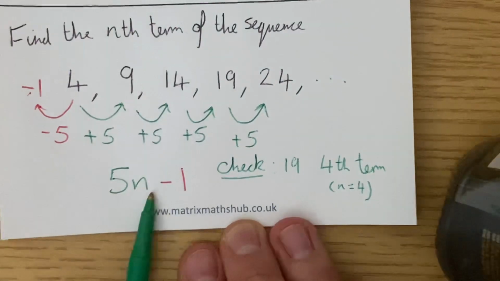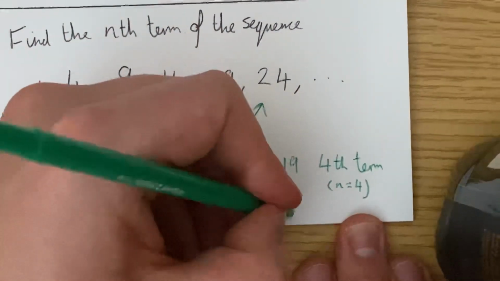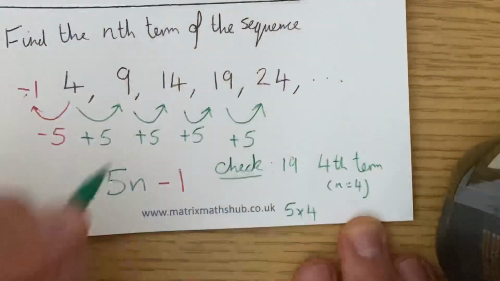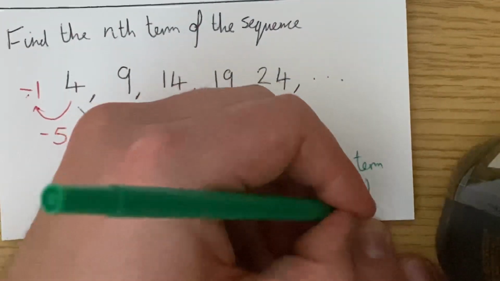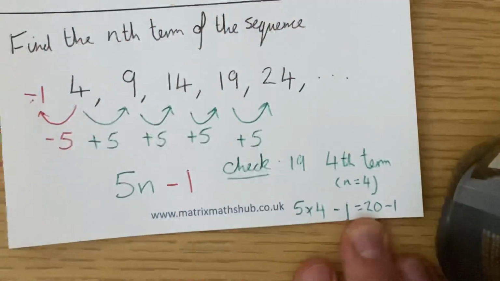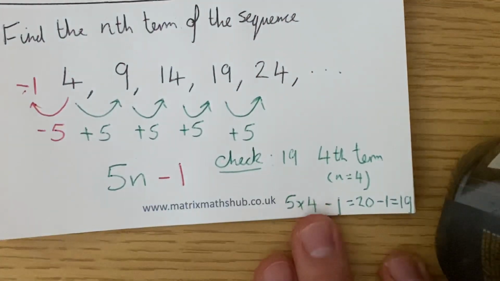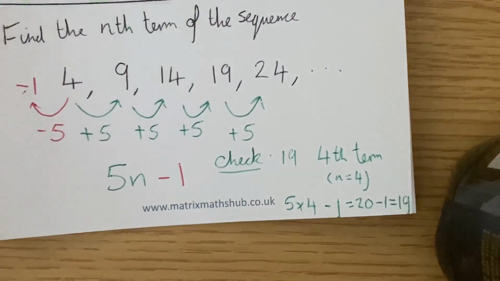Well, let's put n equals 4 into this, 5n minus 1 then. So we do 5 times n, which is 4. Sorry, not add 1, take away 1, I think I said. Take away 1, well 5 times 4 is 20. Take away that 1 and we get 19. Just about fit on the page. So we've got 19 and that was what we were checking, the fourth term. Therefore we're happy, the check works.